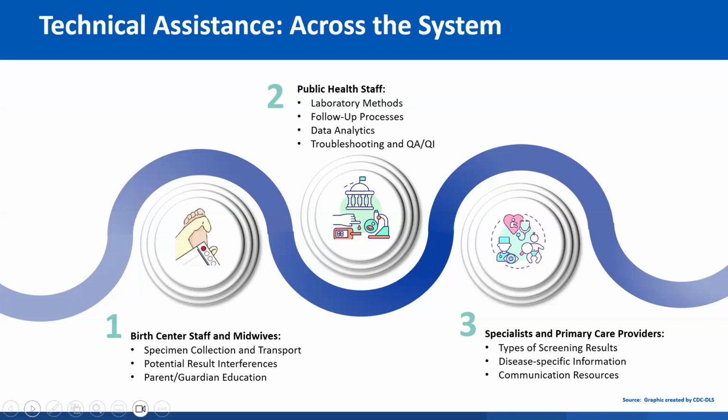So information needs to be relayed so that there is consistency and so that there is a really good understanding of how to manage the newborns identified throughout the system. And so that's largely it for the presentation of the last slide.